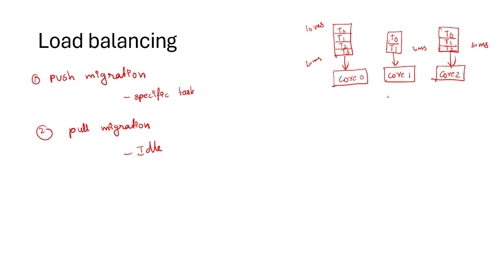It checks core 0 and core 2, which have threads in their ready queues. Core 0 is highly loaded, so it pulls a thread from the ready queue of core 0 and executes it. Once a core becomes idle, it pulls a thread from the highly loaded core and executes it.